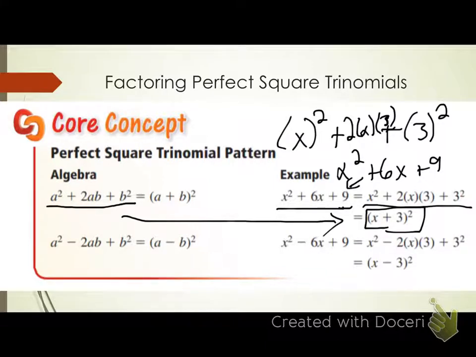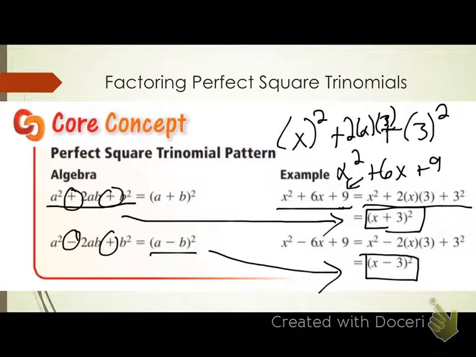We have another one right here. Notice this one is plus plus. We have another one if it takes the form a squared minus 2ab plus b squared, then it would become a minus b squared. So it's the same concept, finding our a value, finding our b value, plugging in to a minus b squared, and in this case we get x minus 3 squared.